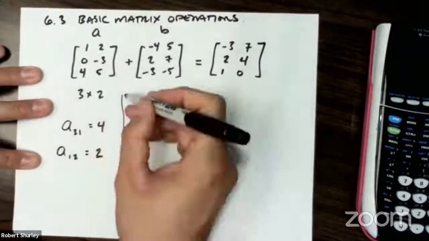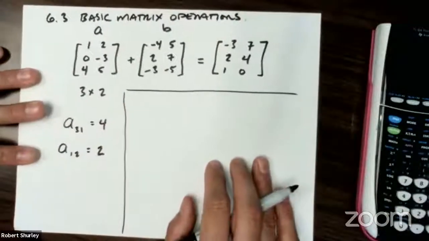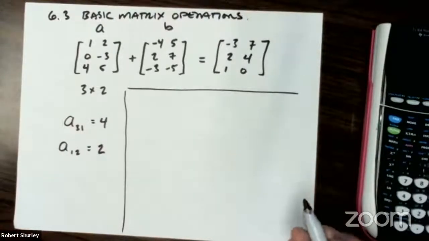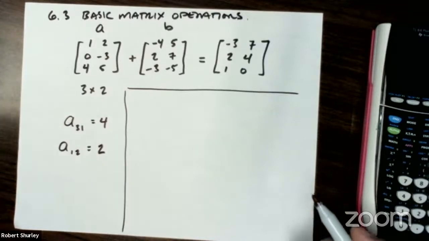We'll talk about that for a minute. If we had two matrices that are equal to each other, that means their orders again have to be the same. I'm going to steal one from your book.